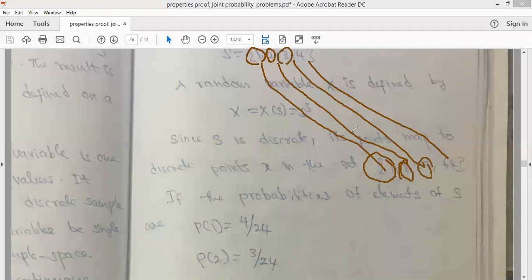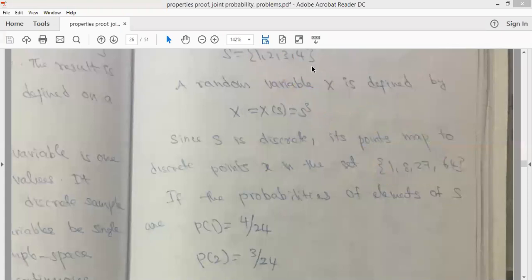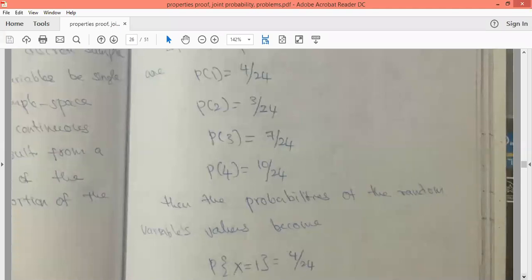Like that, whichever number it is mapped to, the probability of that particular number will be equal to the probability of its corresponding element in the sample space. Now see here, probability of 1 will be equal to probability of X is equal to 1. This is the element of sample space, whereas this is the value of random variable.